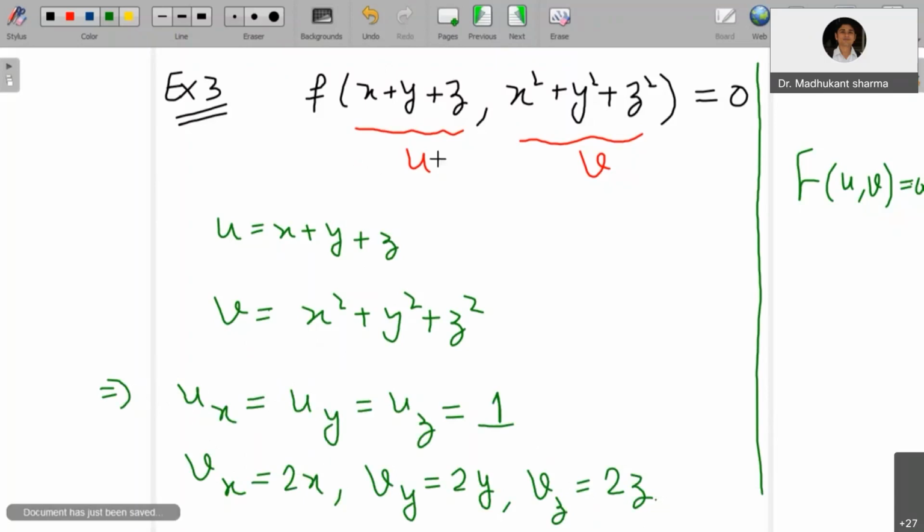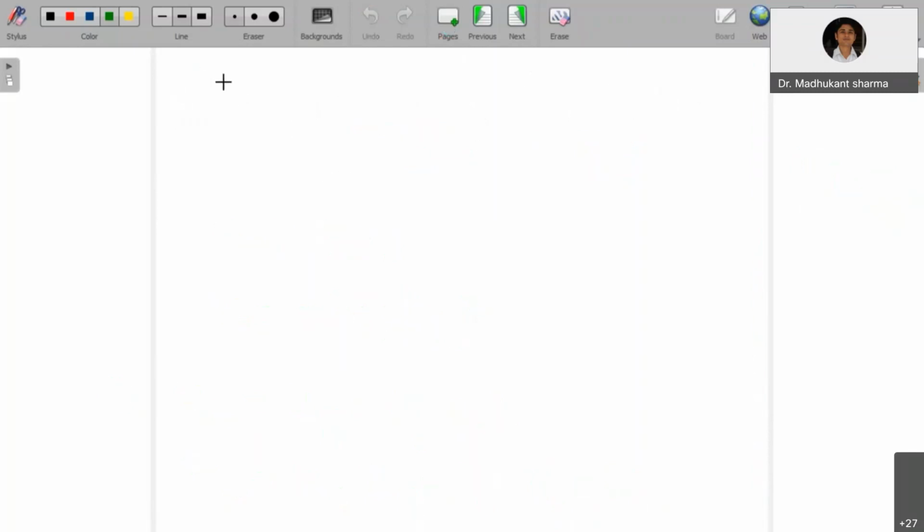Now you differentiate partially with respect to x and with respect to y. If you start with f of u comma v equals to 0, you call this 1, where u and v are the functions which have been defined so far.